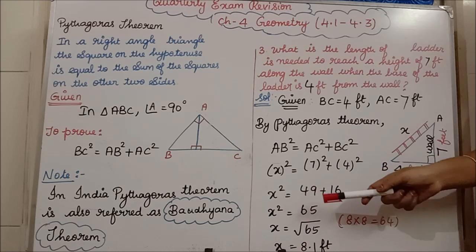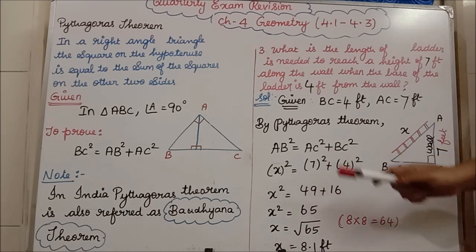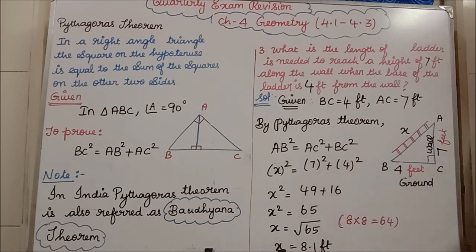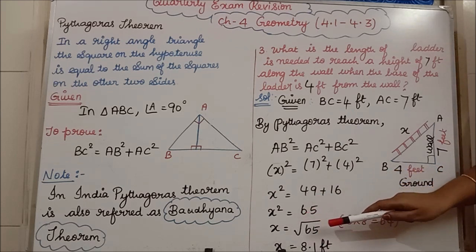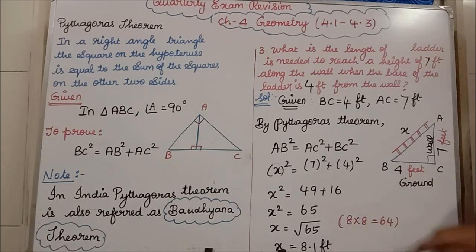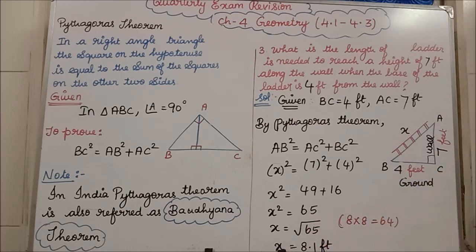So, x square equal to 65 means in the next step you have to write x equal to square root of 65, because we don't want the value of x square. We want the value of x only. So, x equal to square root of 65. This is near the square number, that is 8.1. So x equal to 8.1 feet is the length of the ladder.